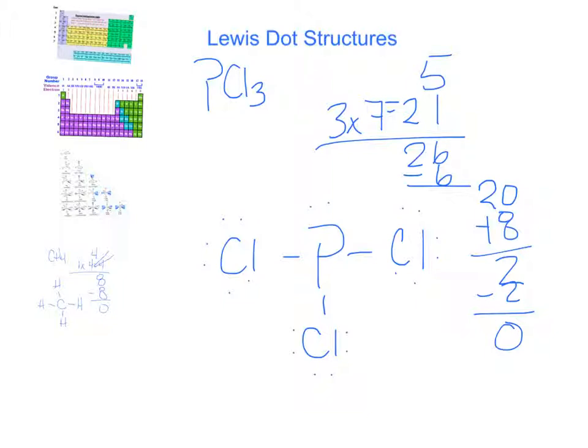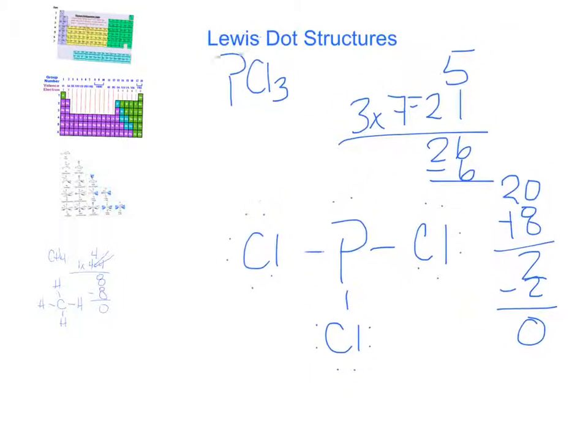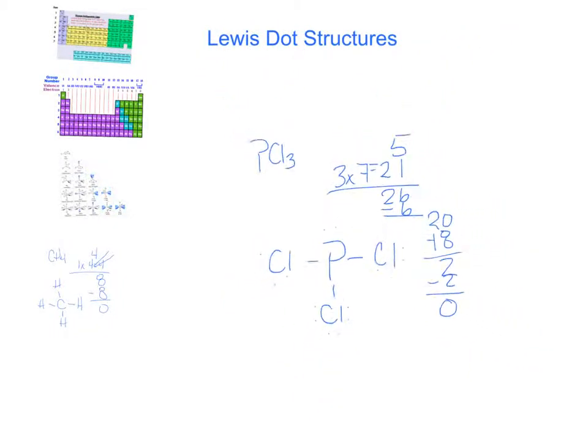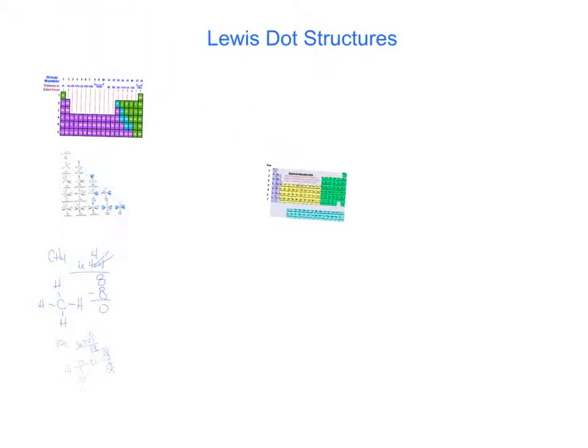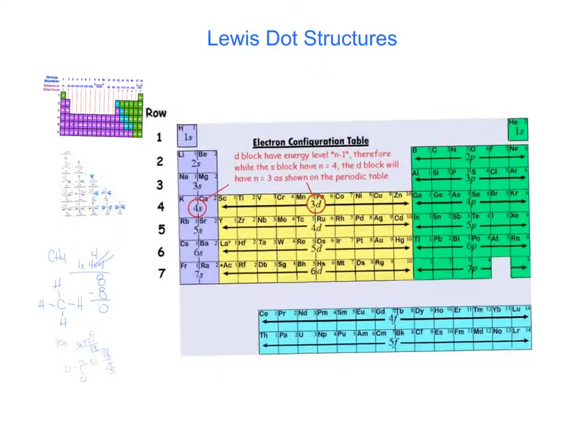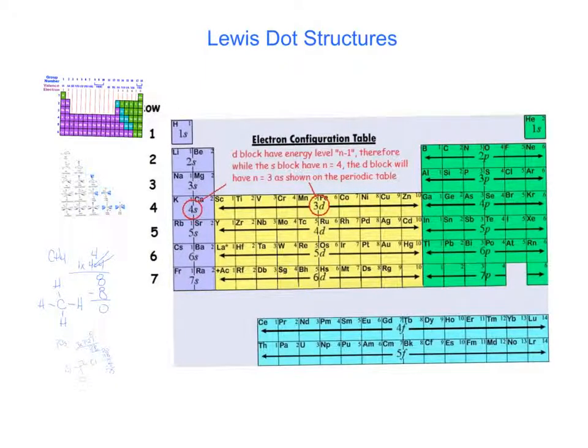So let's make something even more difficult. Let me make this smaller, duck it out of the way over here. So let's do something else with PCl3. Now we're going to get to an expanded octet. In order to do an expanded octet, you have to have an element that is from the 3rd row and beyond, okay? Because you have to use the d orbital.